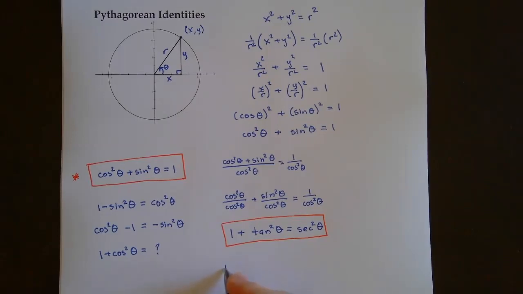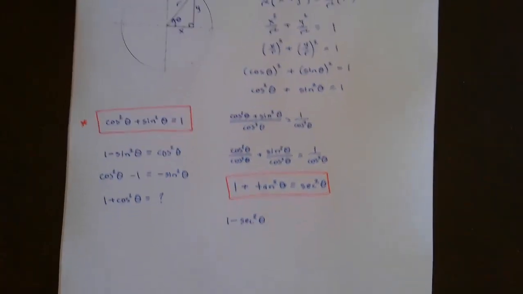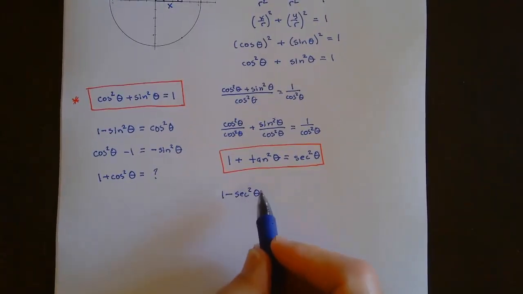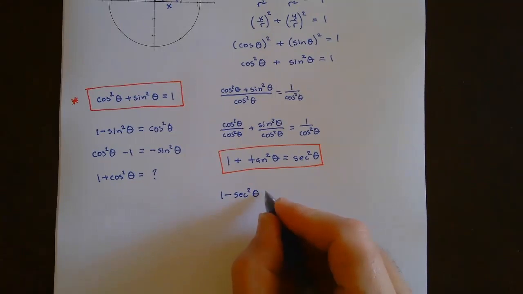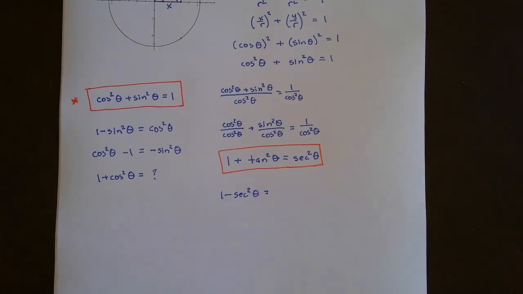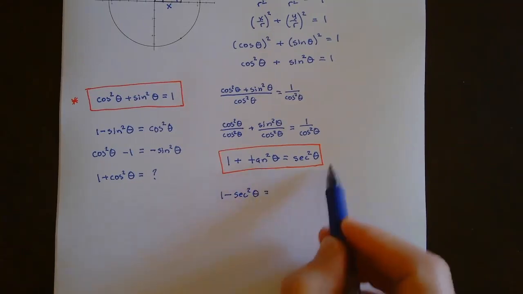So what is 1 minus secant squared theta? Okay, let me slide this up a little bit. Could we manipulate this? Could we move stuff from side to side and get 1 minus secant squared theta? Yes, we could, right? And what it would be equivalent to is we'd have to move the tan over to the right-hand side.